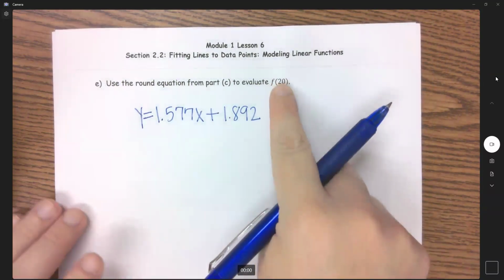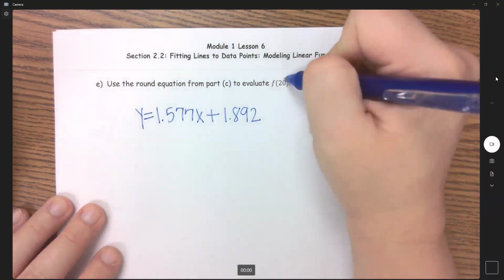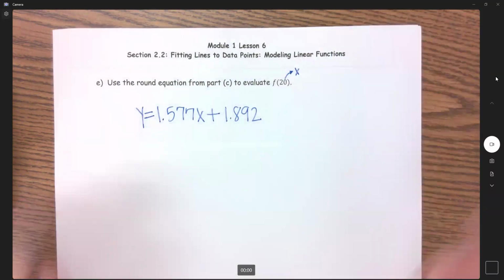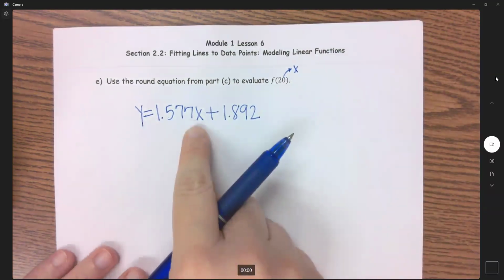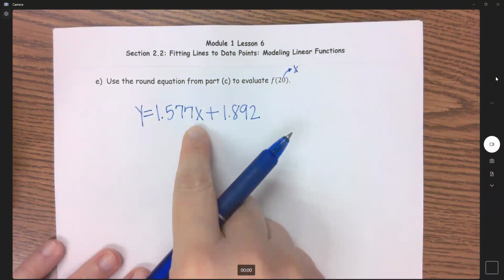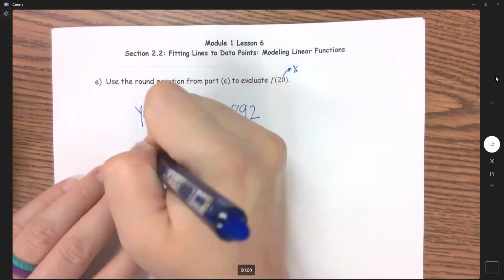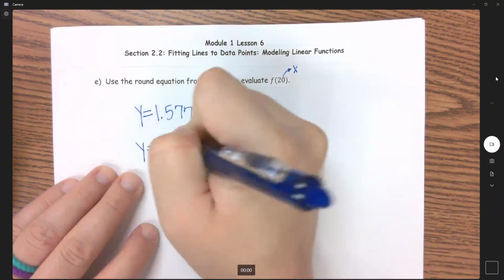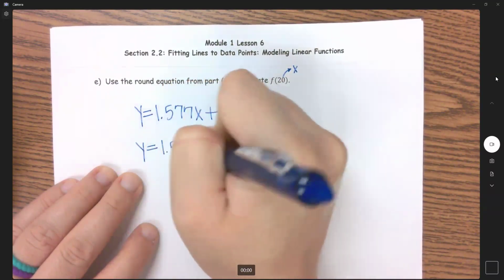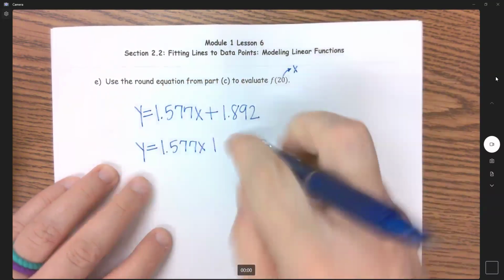So if I want to evaluate f of 20, this is function notation. That means my x is 20. So all I'm doing here is substituting in an x for this 20. So we're going to get y equals 1.577x. Oh, but what is my x?